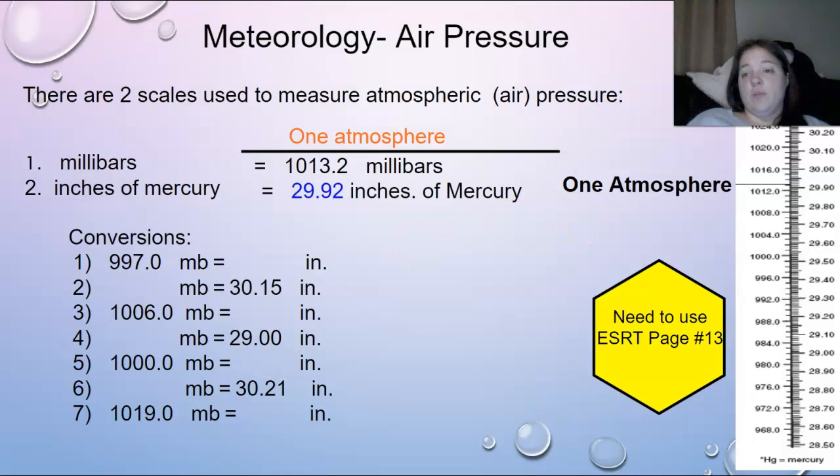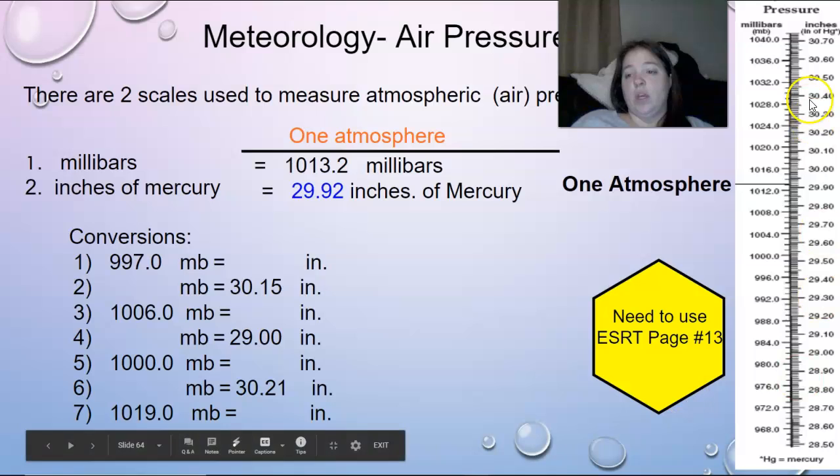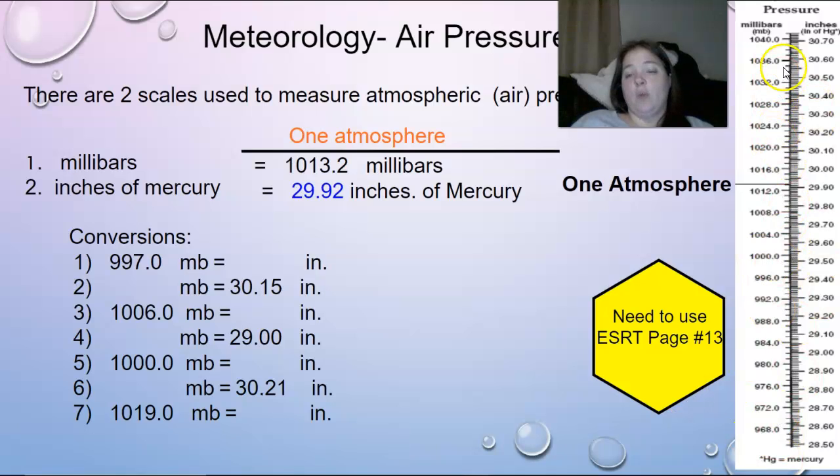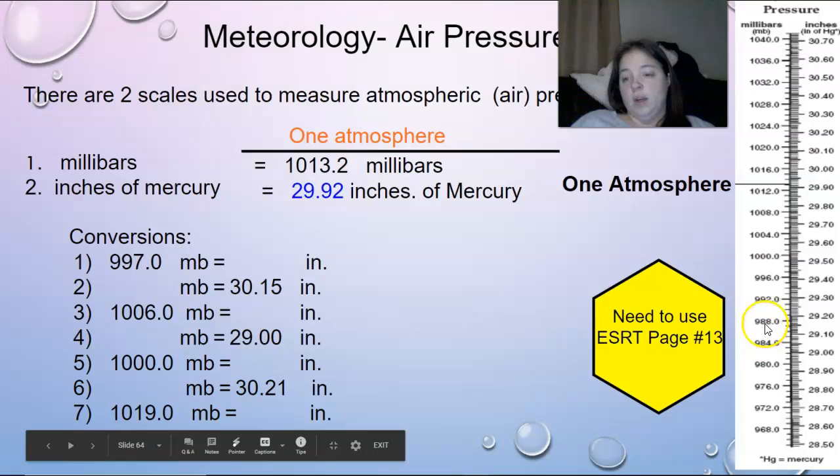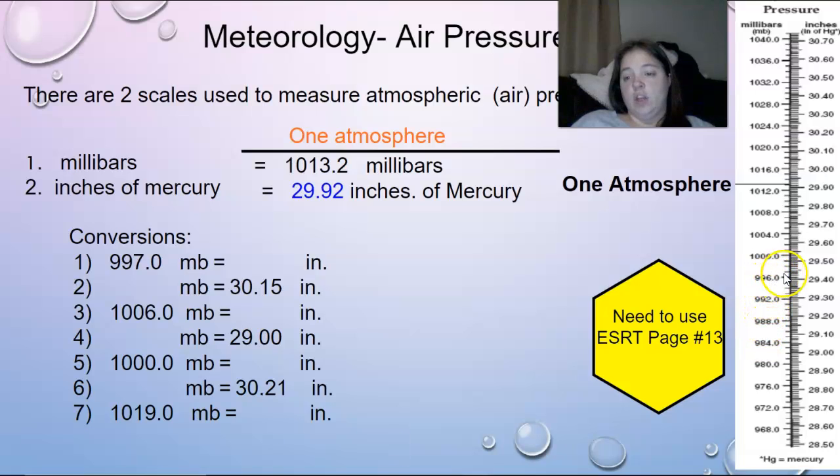And now we're going to do some conversions. We're going to use this right here, page 13 of your reference table, and it does tell you where the 1 atmosphere is. Well, let's look at the millibars. Millibars is on this side, inches of mercury on this side. We're looking at 997. So 996. Each one of these is worth 1. So 997.